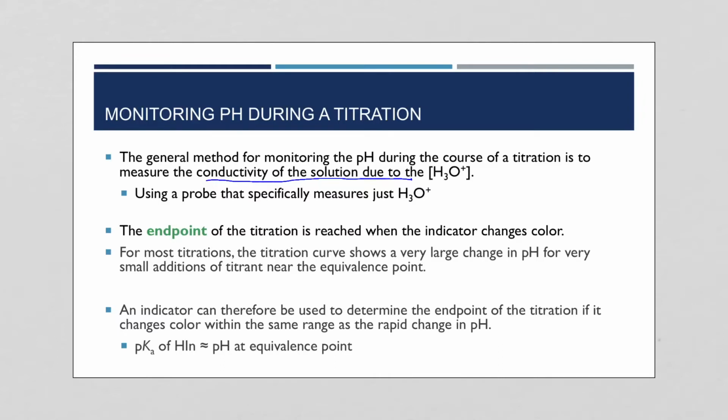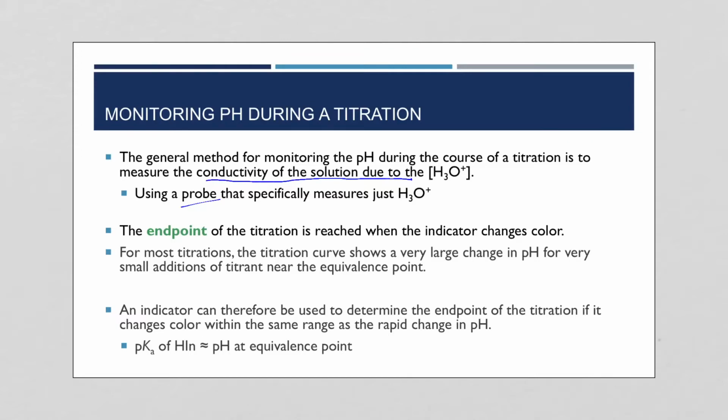We can measure that hydronium ion using this pH probe as we progress through the titration. And of course, that can then be converted into a pH, and we can plot the pH based on that reading, that signal from the pH probe. So a pH probe is one way.